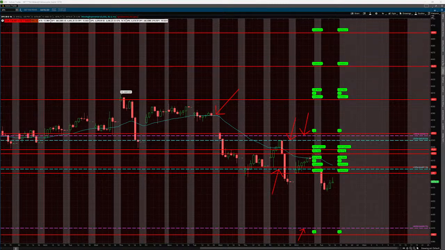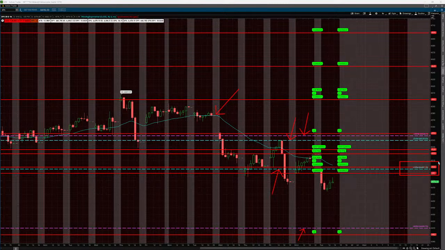And there are also some key Spotgamma levels on this chart, shown with the dark red horizontal lines. And the first is the 4,500 level. That's right here. And that is the put wall. That is Spotgamma's support level.